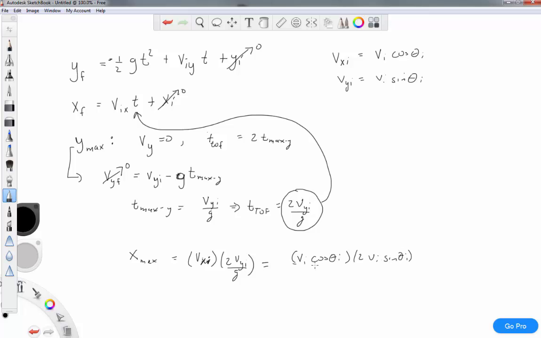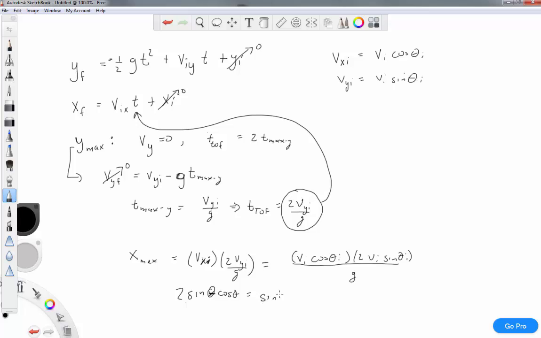And then we invoke the trigonometric identity, which says that 2 times the sine of any angle, we'll call that angle theta, times the cosine of any angle theta is equal to the sine of twice angle theta.